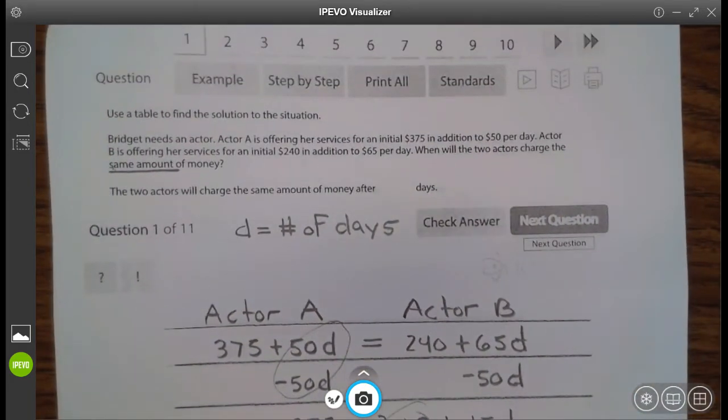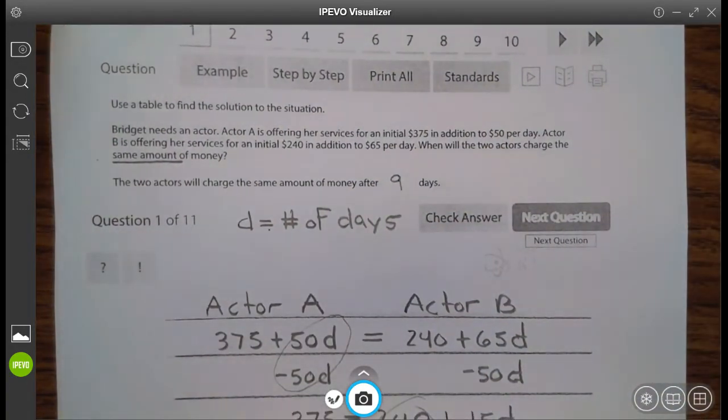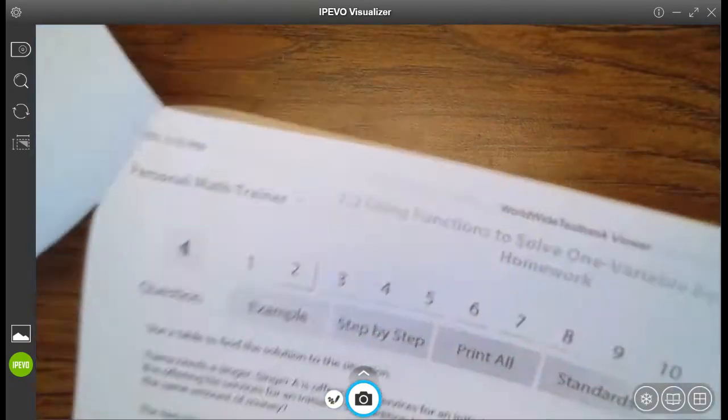Okay, so the two actors will charge the same amount of money after 9 days. Well, let's take a look at the next example.